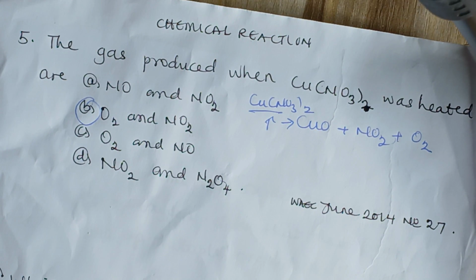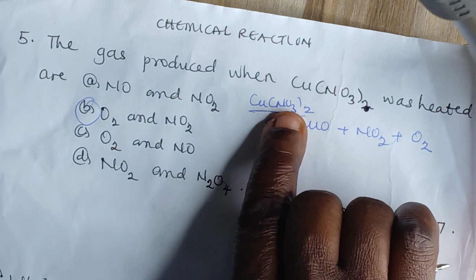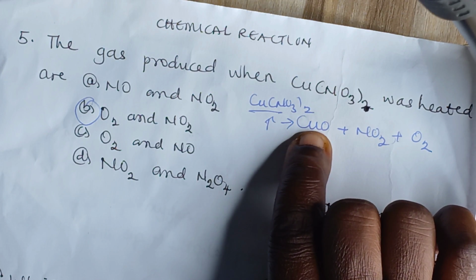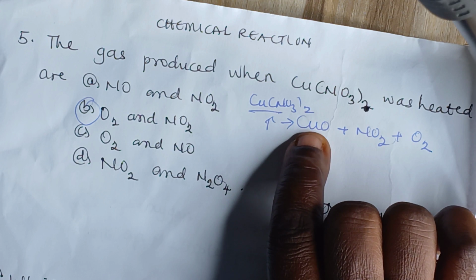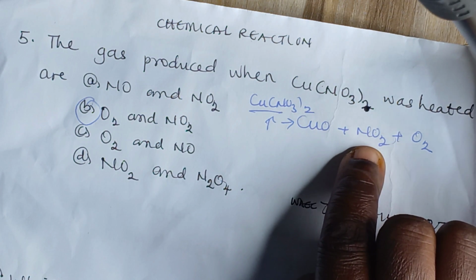But if it were a very reactive element like sodium or potassium trioxonitrate, we end up getting only the dioxonitrate, that is sodium NaNO2, and we also get oxygen. We won't get nitrogen oxide.